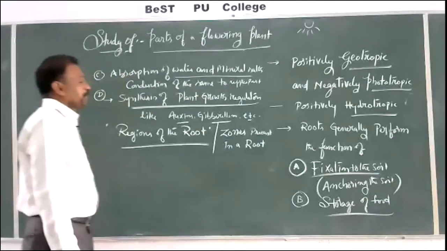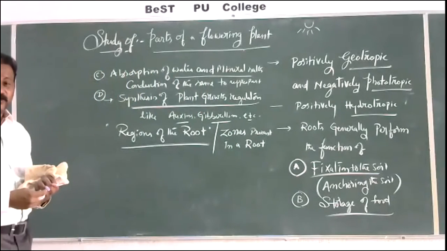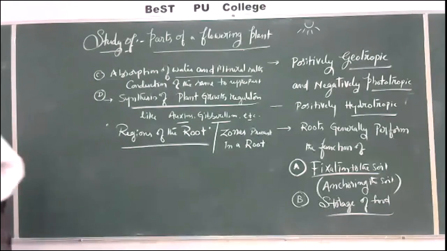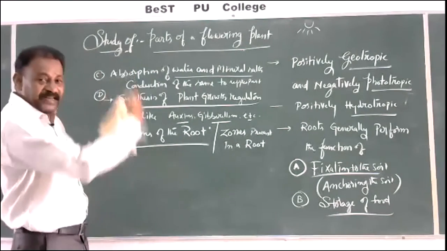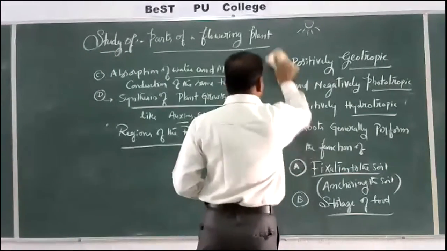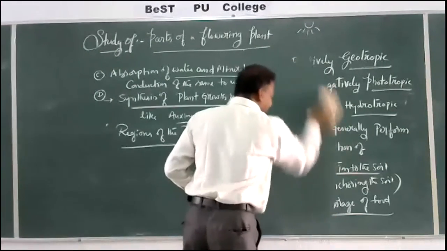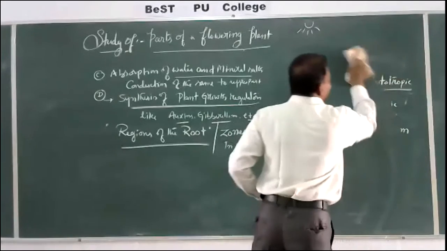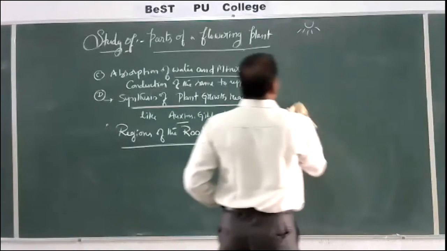When you study regions or zones present in a root, we have to take the diagram of a root like a transparency, longitudinal section, or a longitudinal section from where we can see the inner layers of the root.